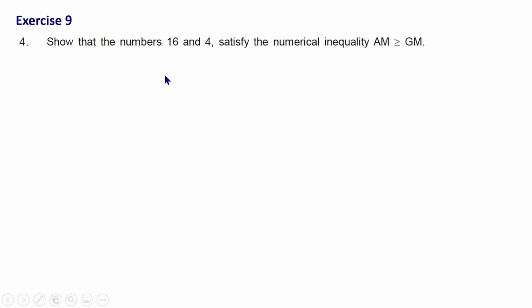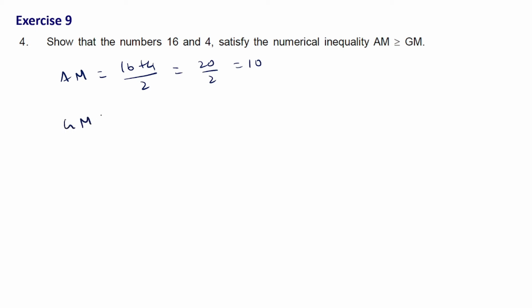Next question, show that the numbers 16 and 4 satisfy the numerical inequality arithmetic mean greater than or equal to geometric mean. So for 16 and 4, arithmetic mean is 16 plus 4 by 2, so it is 20 by 2, which is 10.